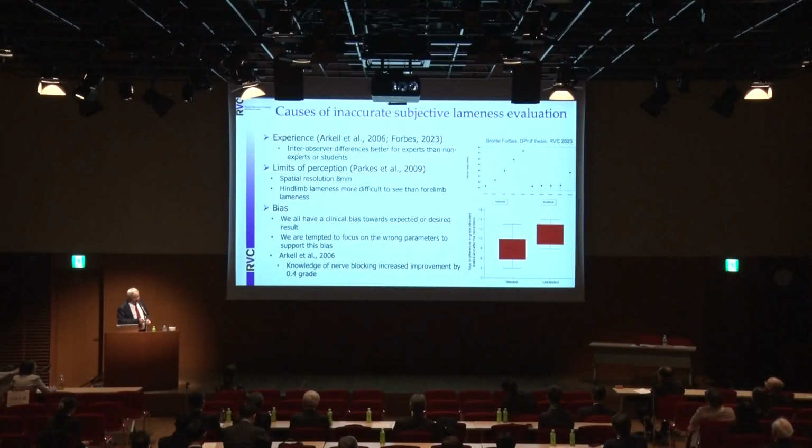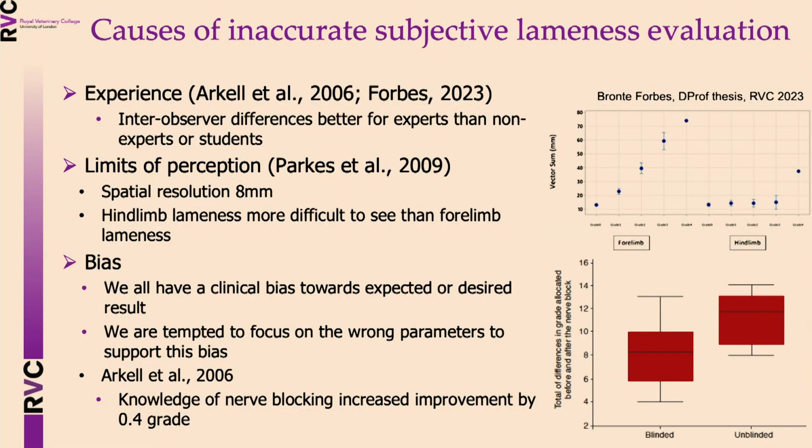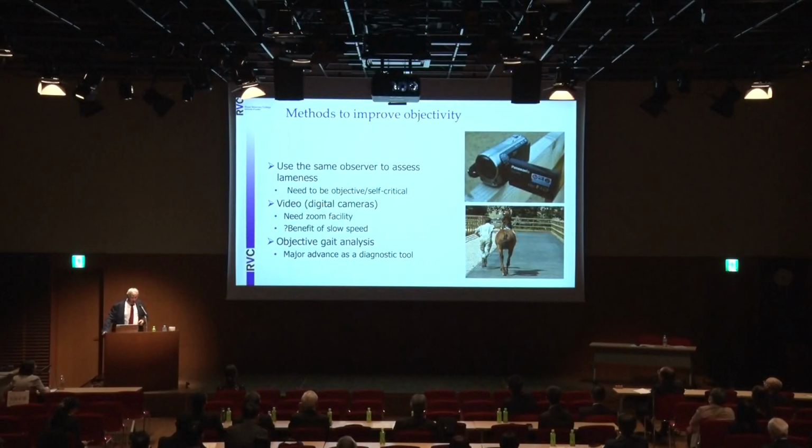There was a significant increase in the difference in lameness when the vets were told that the horse had been blocked, even though the group of veterinarians and all the videos were identical for both experiments.